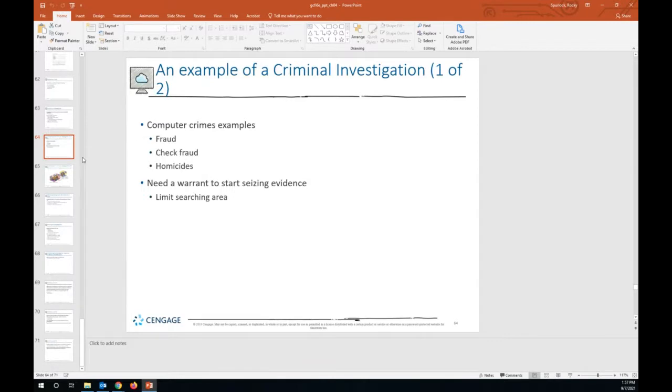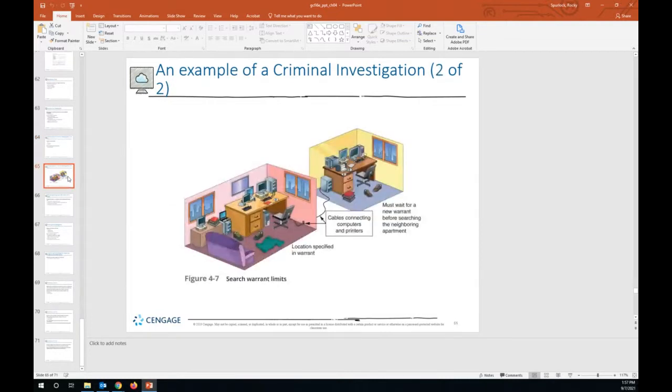Some examples of computer crimes include fraud, check fraud, and homicides. You would need a warrant to start seizing evidence. It would have a limited searching area. So we see here in this figure, Figure 4-7, that these cables are connecting the computers and printers.